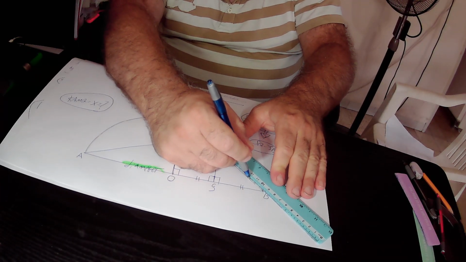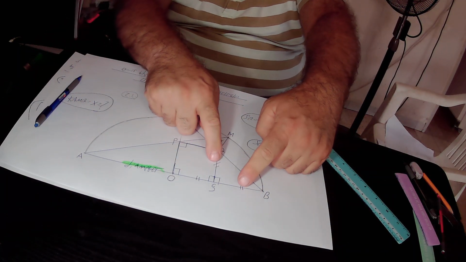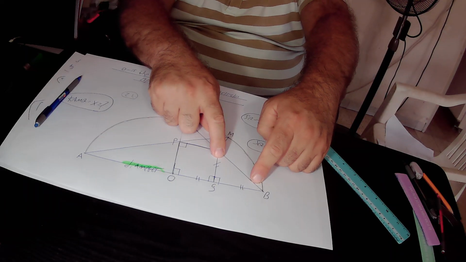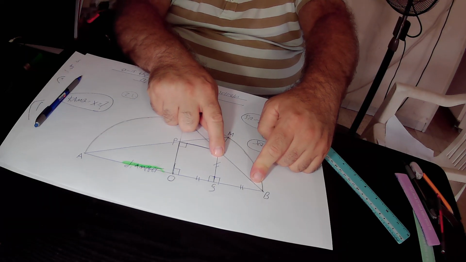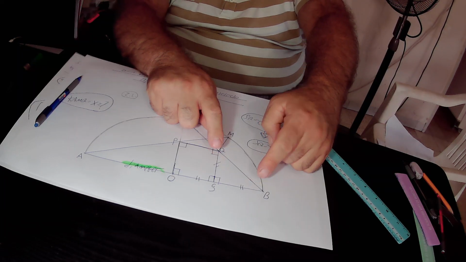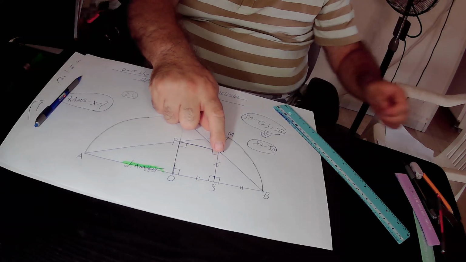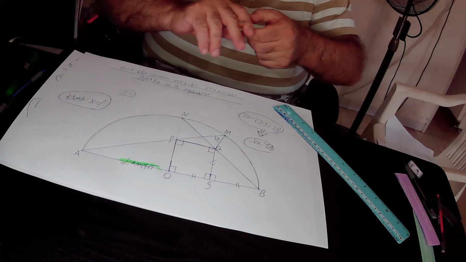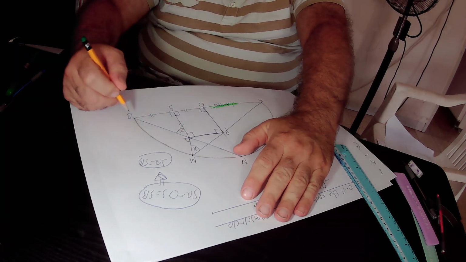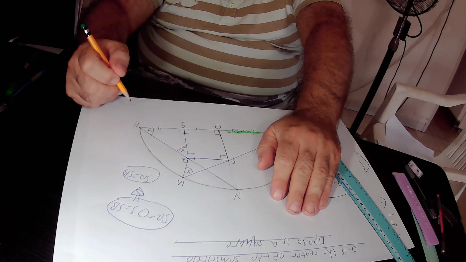In the right triangle QSB, opposite those two equal sides, we have two angles that must also be equal to each other, according to the rule that in a triangle, equal sides have equal opposite angles. So if we define the size of this angle as y, then the size of this angle must also be y.